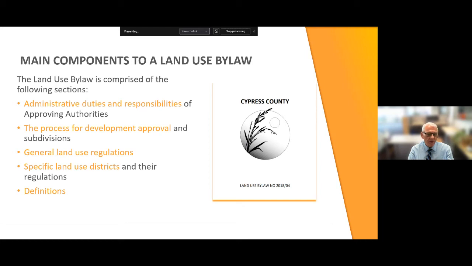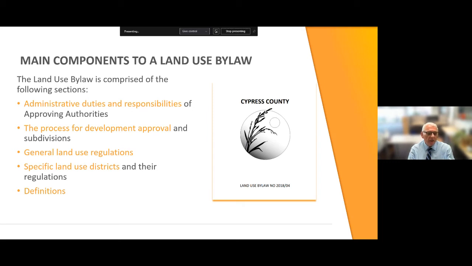The specific land use districts are typical of agriculture, residential, country residential. You typically have them for the hamlet. You typically have them for parks and recreation, commercial, industrial. So those are your typical specific districts, they call them, or in other municipalities, they call them zoning districts.